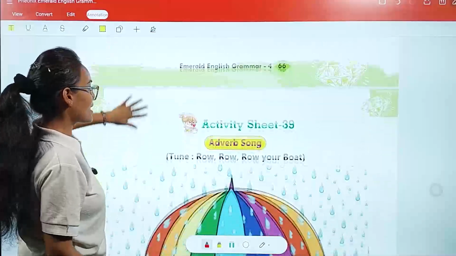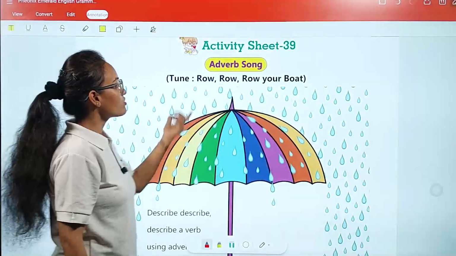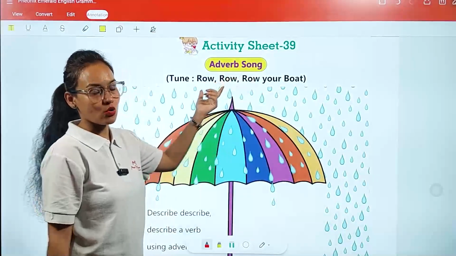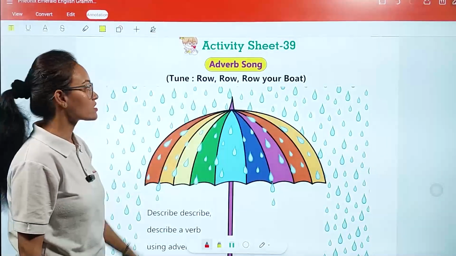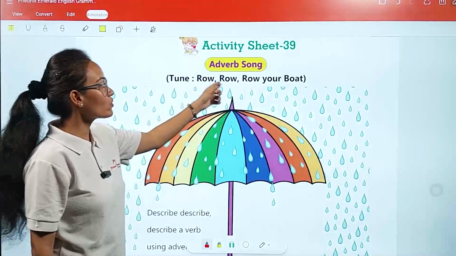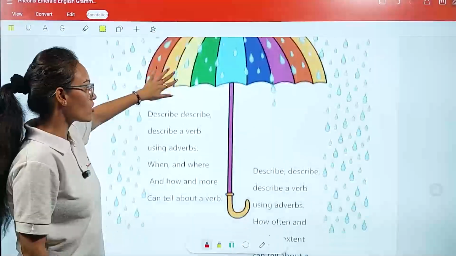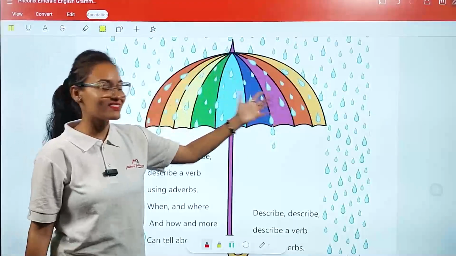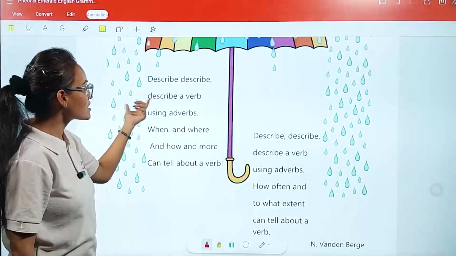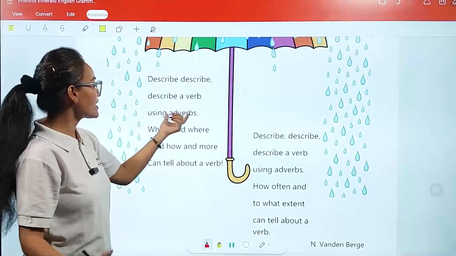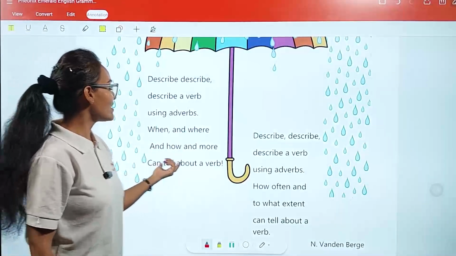Okay, now activity sheet number 39. Here, my dear students, you are going to see the adverb song. In this rhyme you are going to see adverb words. The tune is Row, Row, Row Your Boat. This is the theme of your adverb song. Here you can see rainfall and a colorful umbrella. Describe a verb using adverbs: when and where and how, and more can tell about a verb.